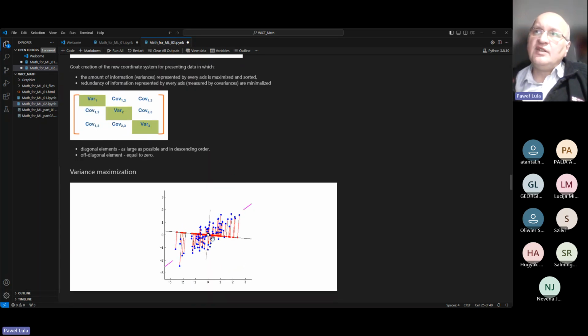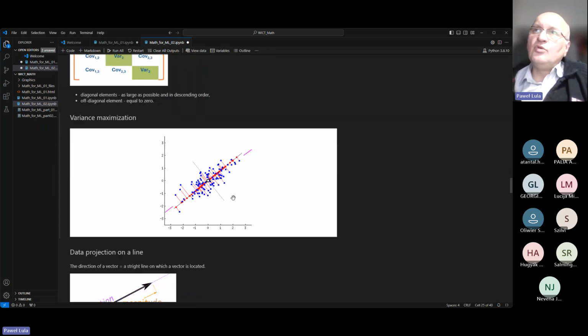We can see it here. Point 0, 0 is here. And we are going to find the optimal position for this axis. Which position is the best one? And what we should do to choose the best position for this x-axis.